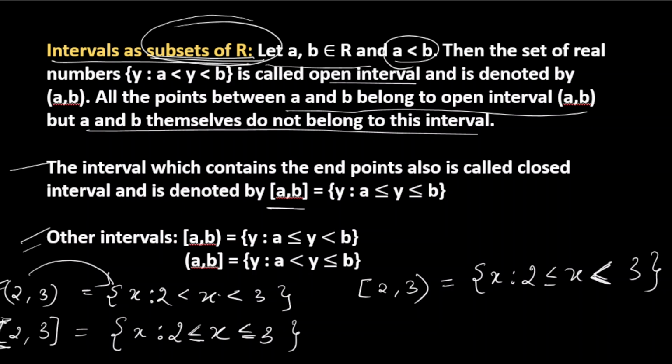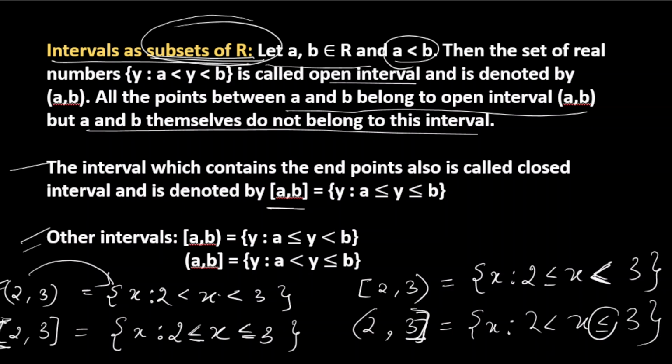And open 2 closed 3 we can write as x such that x is greater than 2 and less than or equal to 3. So wherever closed interval is there, there you have to use equality in the inequality. This is the concept which we will use while solving the questions of the exercise.